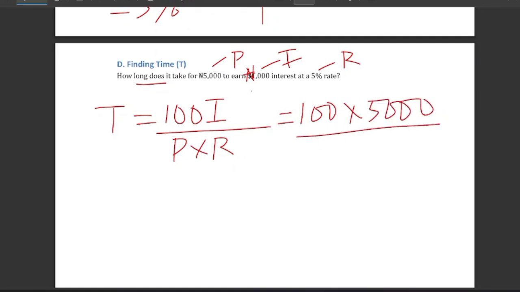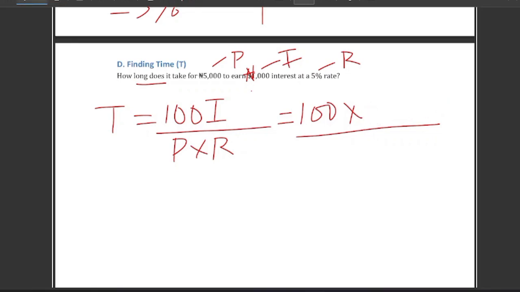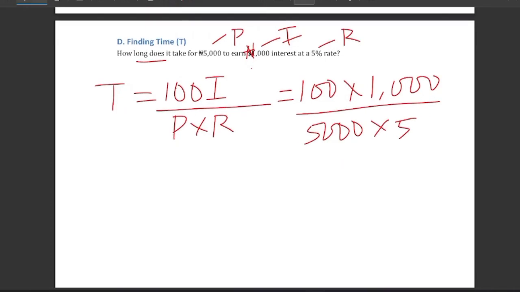So 100 times, sorry, 100I is 1,000. Sorry for that. So this is 100 times 1,000 divided by principal 5,000 times the rate 5. From here now, this 0 cancels this 0.